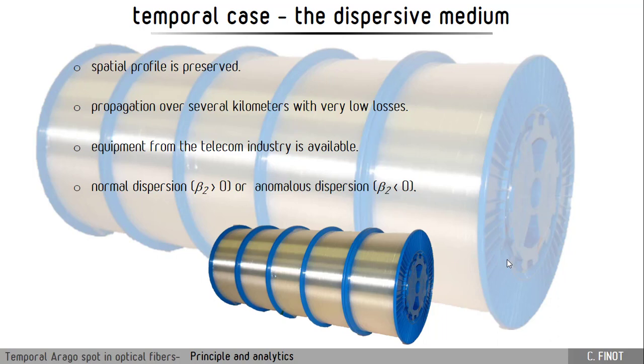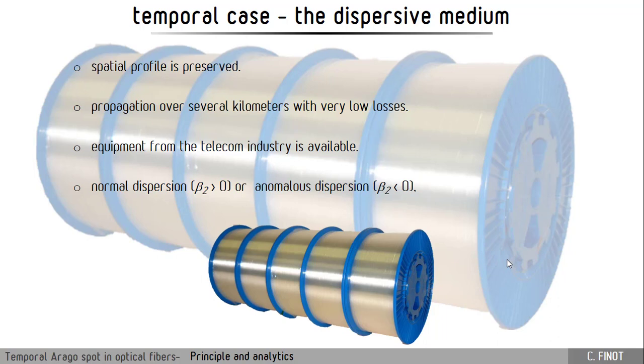If we use a single mode profile, the spatial profile of light will be preserved. It is single mode, it will not change, so there will be no effect of diffraction. Thanks to the very low level of losses of the optical fiber, we can propagate the signal over several kilometers without nearly any losses.